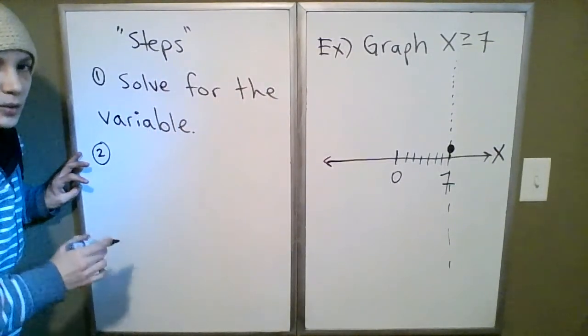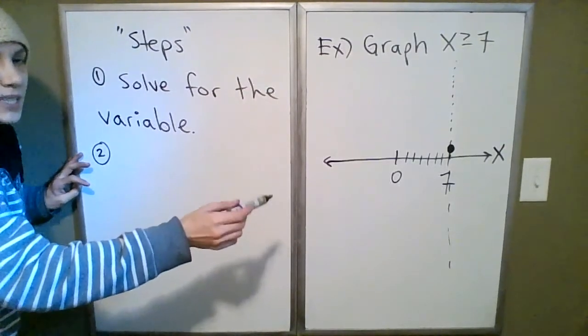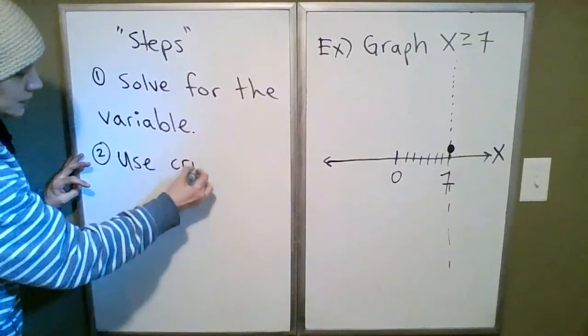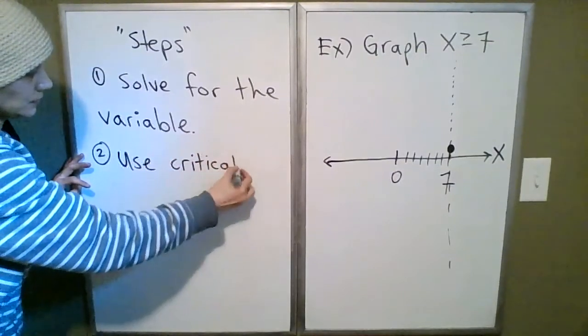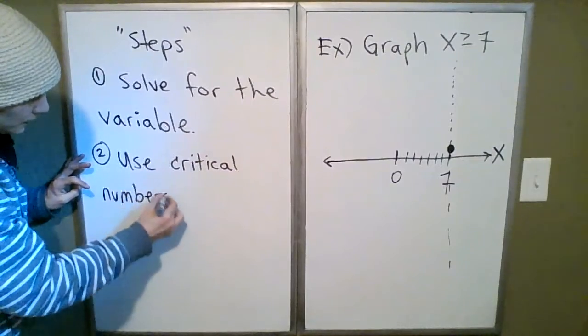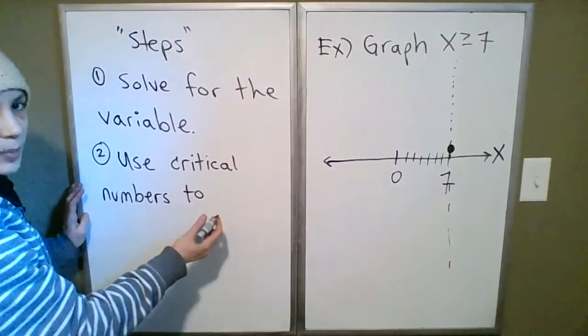Then use critical numbers to break the number line into test intervals. Break or split up or something like that.